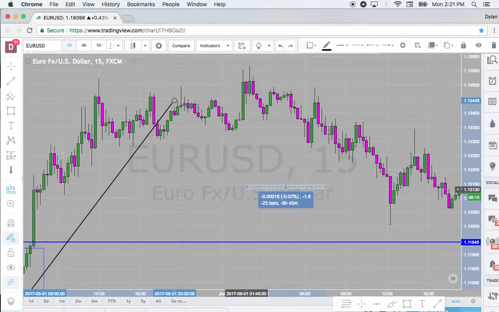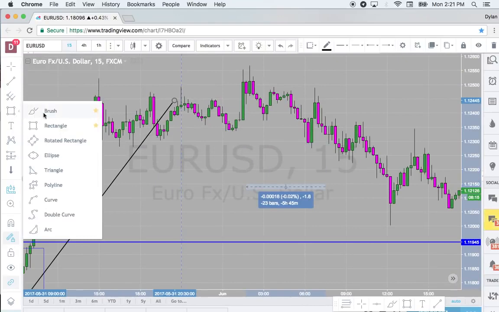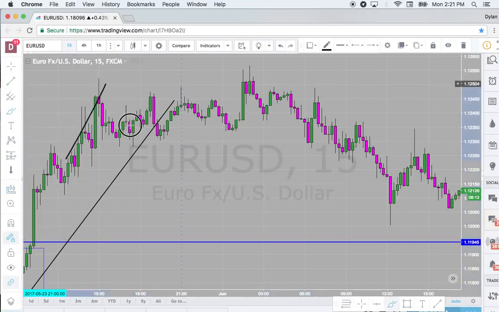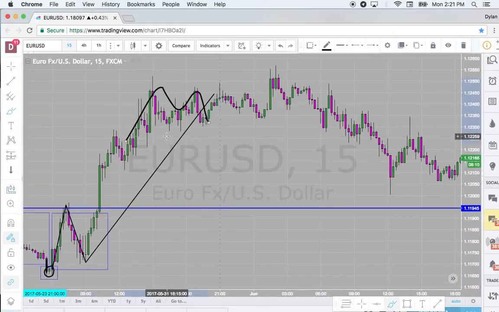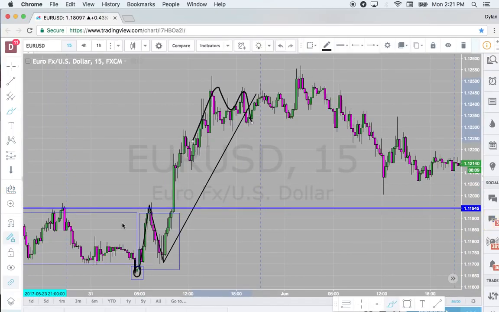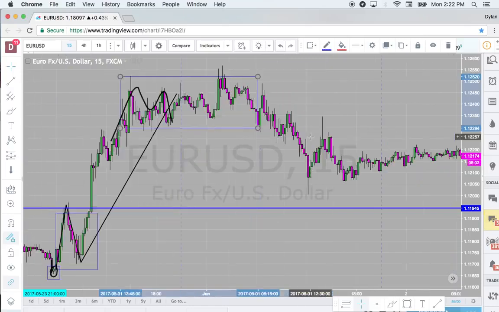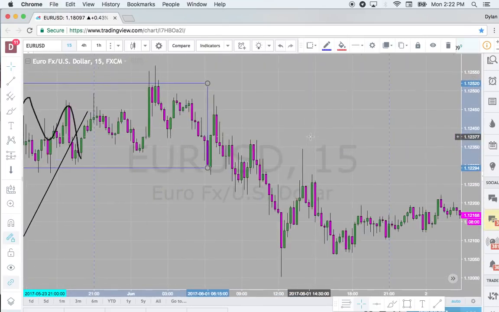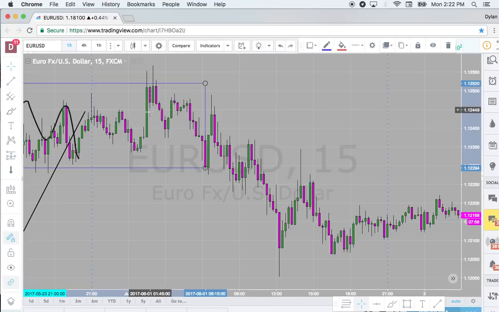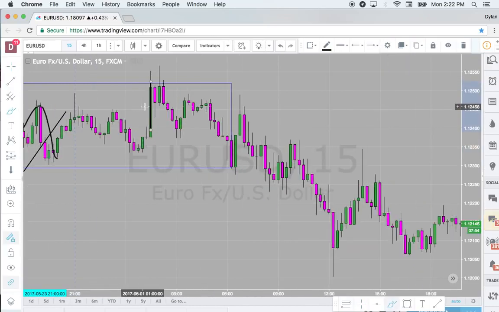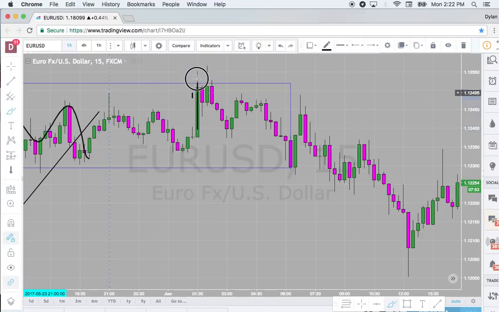Then creates that high of the day, and then works off of that high of the day. Here's the consolidation. Here's that breakout, and then the M formation right here, double railroad track.